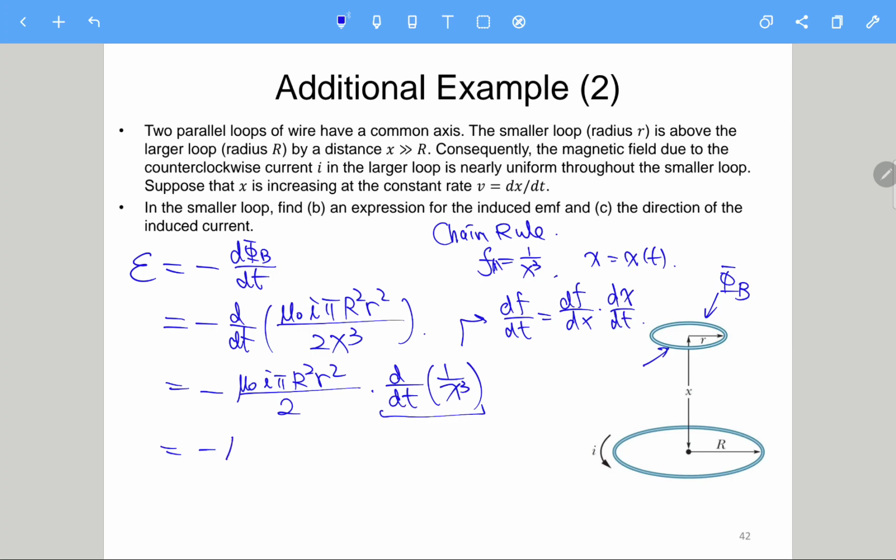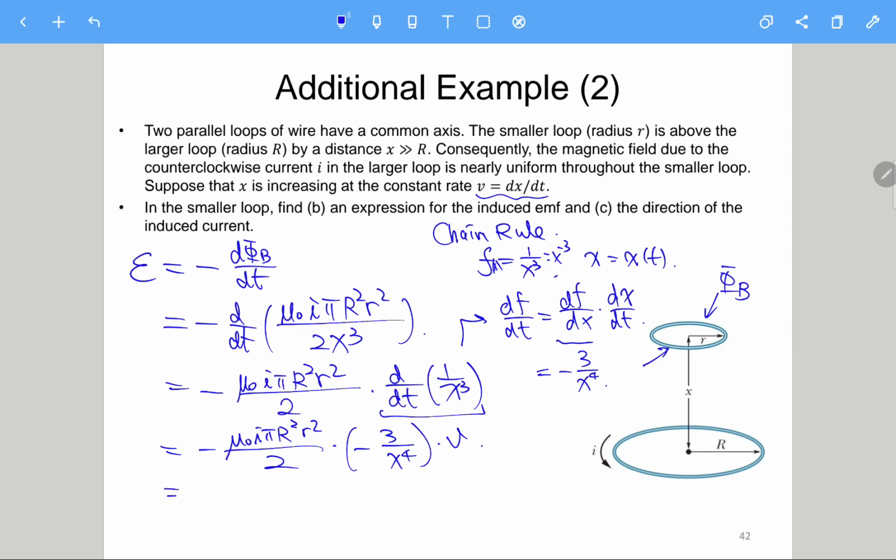So we have minus mu naught I pi R squared over 2 times df dx, where f is 1 over x cubed, which is x to the minus 3rd power. So we get minus 3 over x to the 4th power, times dx dt, which is actually v.